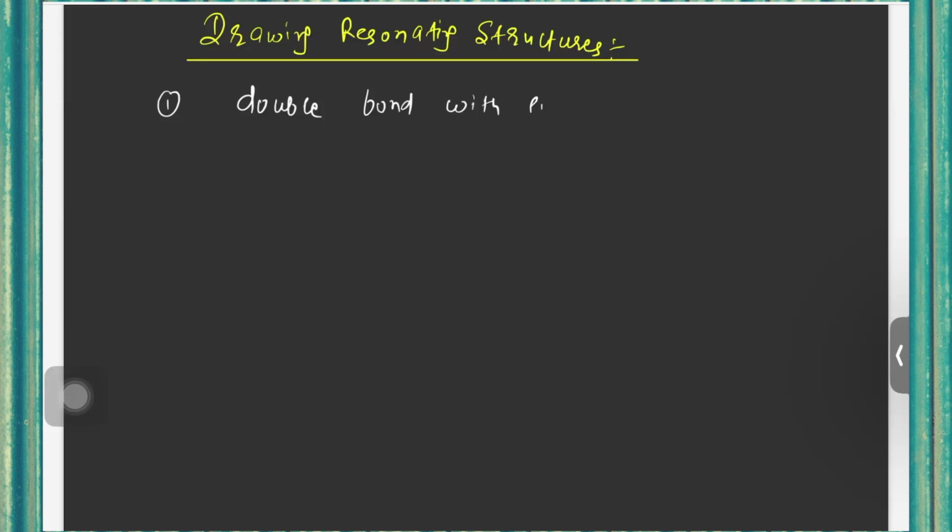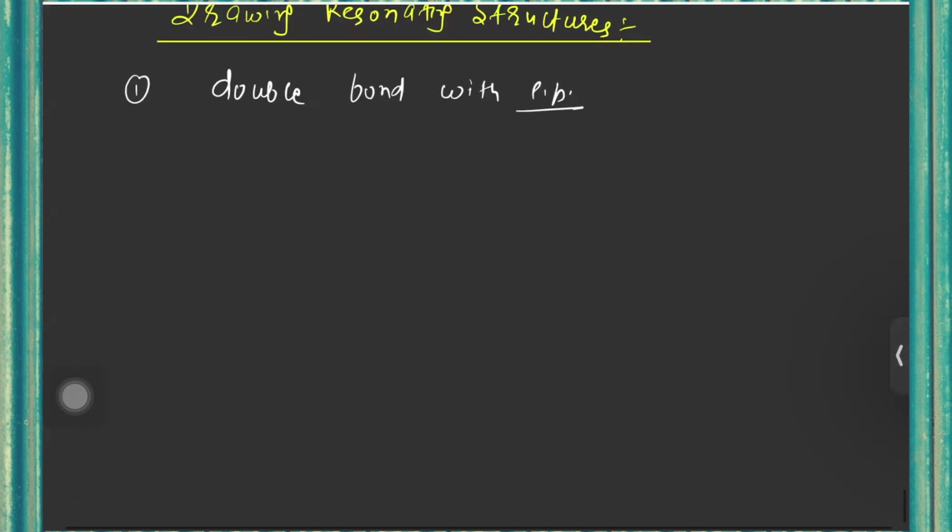I know the benefits of drawing the resonating structures, that's why I'm giving enough time on this topic. See, the first case we are taking is double bond with positive charge, double bond with lone pair. So many things I'll be telling you here. Please listen very carefully.